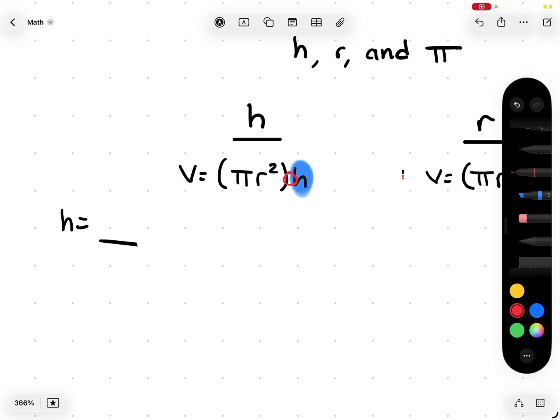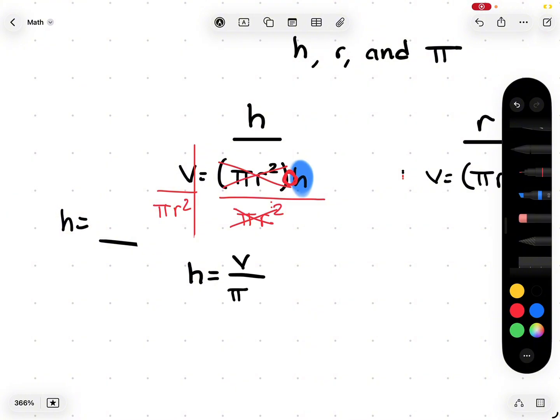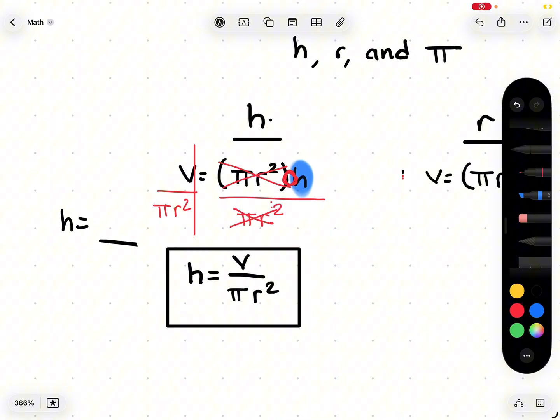So something we can do to undo that is divide both sides by pi times r to the power of 2. That cancels it out here, leaving us with h equals v divided by pi r to the power of 2. Notice how we have h here, and we're trying to find h.